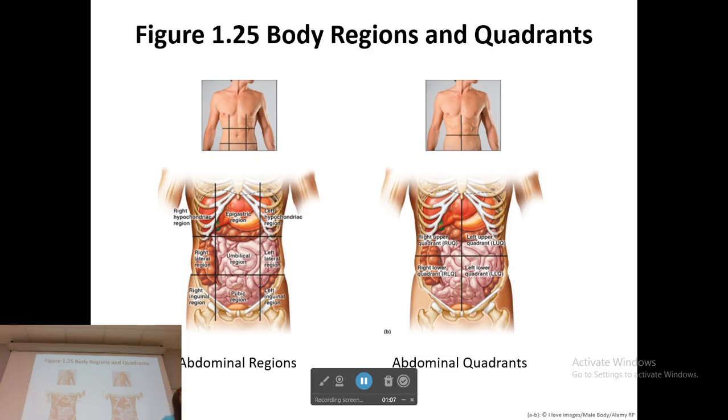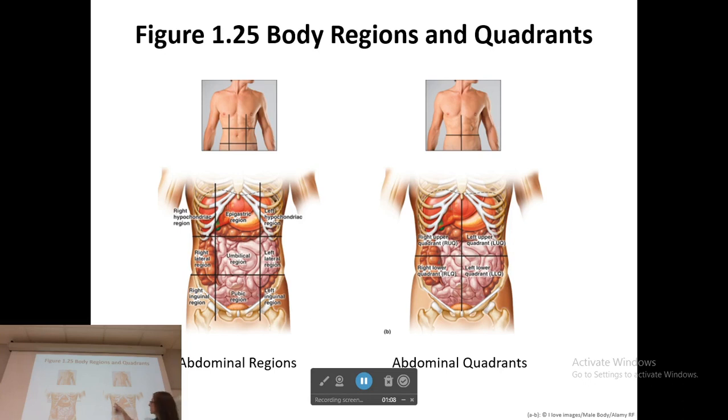Let's say they're having pain right here, kind of below the rib cage, in that right upper quadrant. A common, very strong pain people might have there might be the gallbladder. Okay, so that's where the gallbladder is.